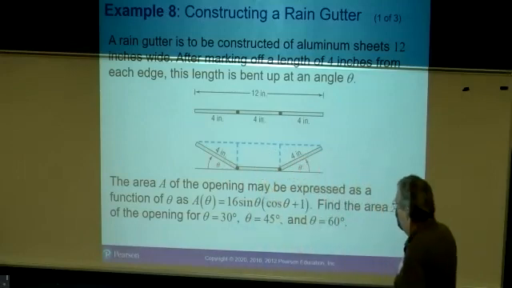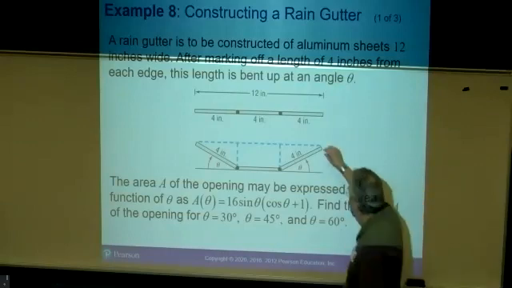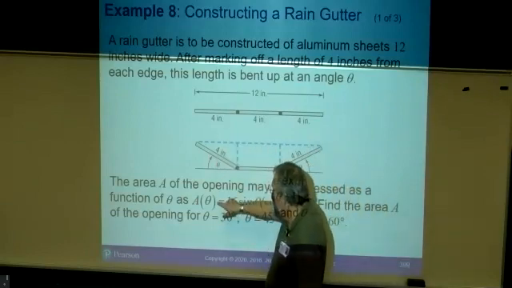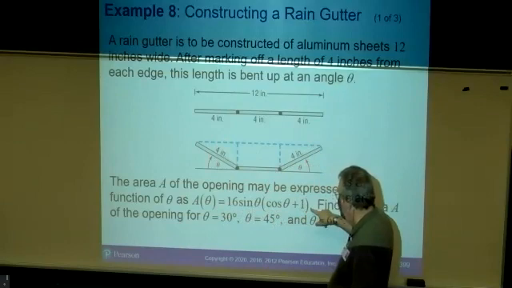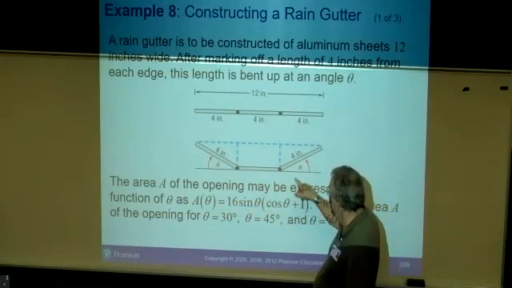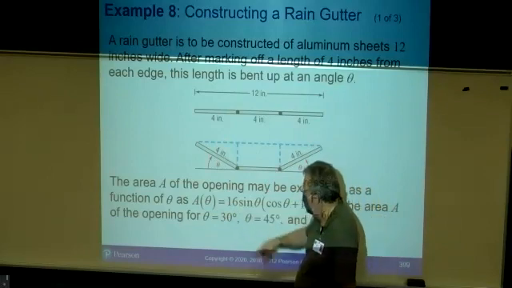The area in here is determined by this formula: you take the sine of theta and multiply it by the cosine of theta plus 1, and then multiply that by 16.